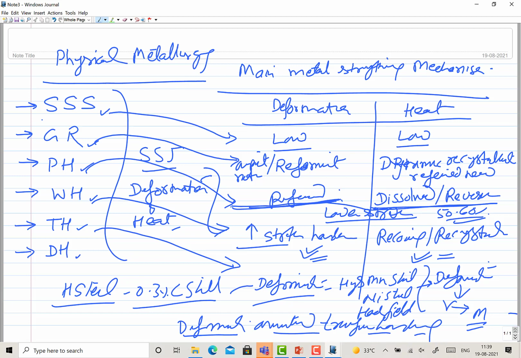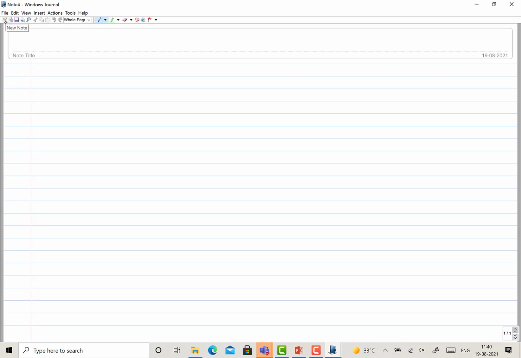So the surface layers will be undergoing the deformation as well as the deformation assisted transformation, and that in turn will be leading to increased hardness and strength. Increased strength and hardness of the component surfaces during service in turn will be leading to improved performance. So that is good.